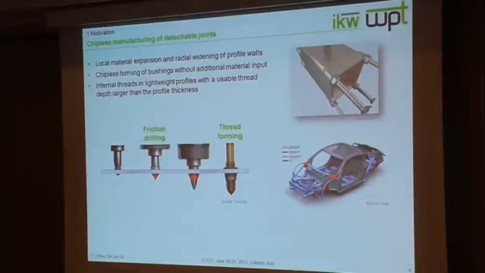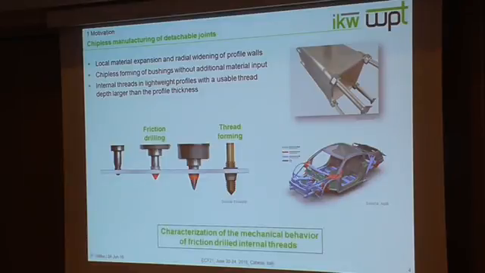This leads to some applications for the automotive industry, like these frame structures here, as you can see. Our goal for this work was to characterize the mechanical properties of the friction-drilled internal threads.